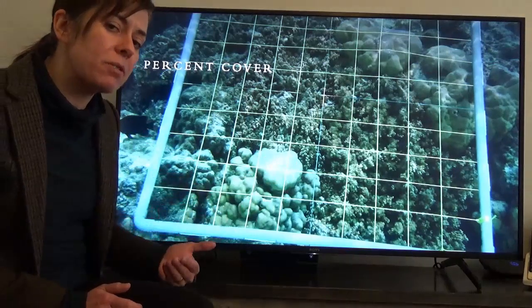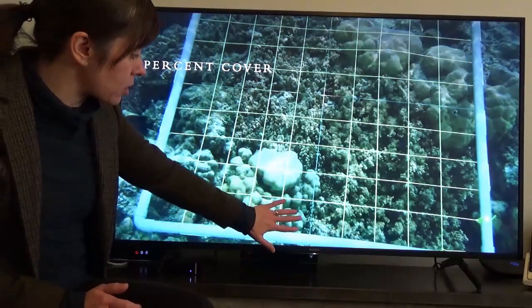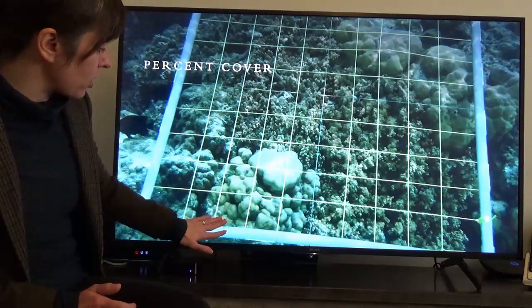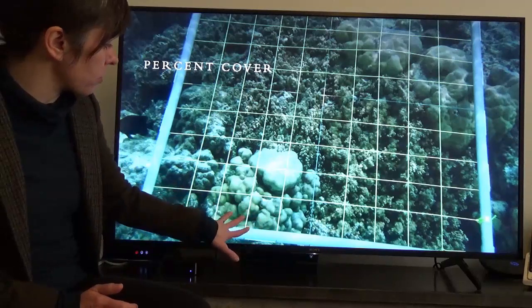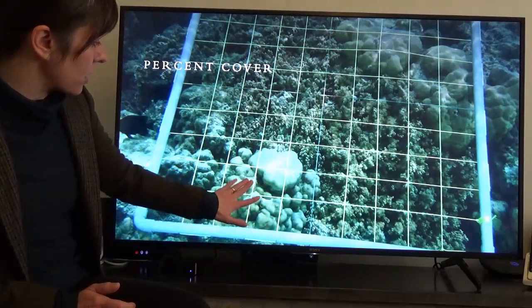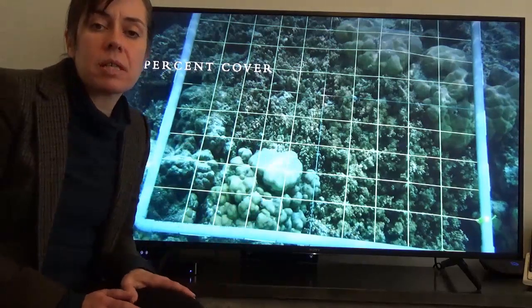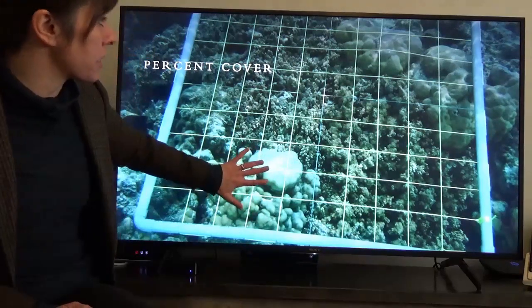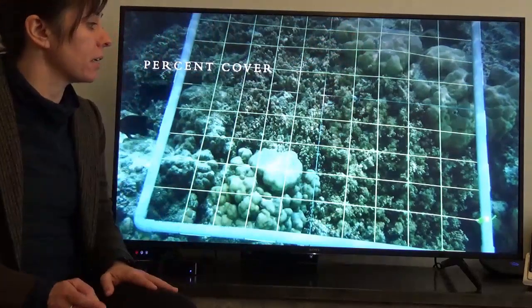You can see where I'm going with this. You try to add up these squares, and if I were to look at this, I'd say probably 1, 2, 3, 4, 5, 6, maybe 6 or 7% cover of this particular species, and that's assuming it doesn't occur elsewhere. It may occur up there.